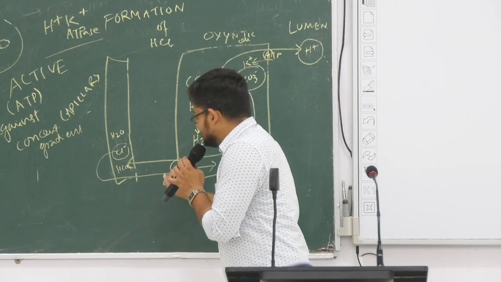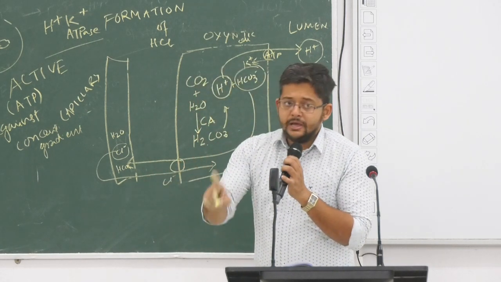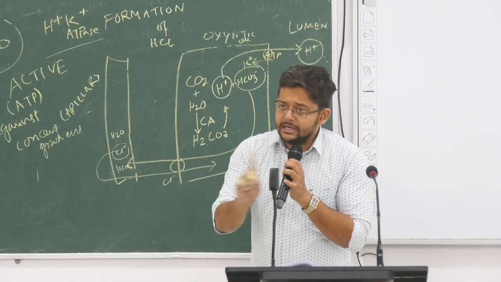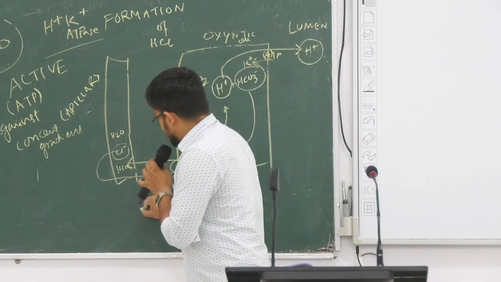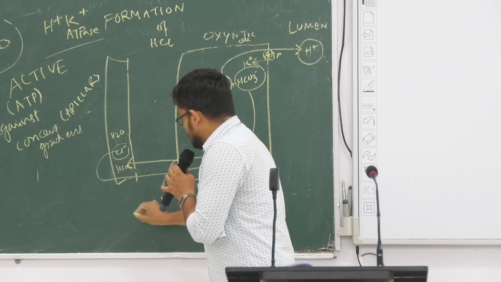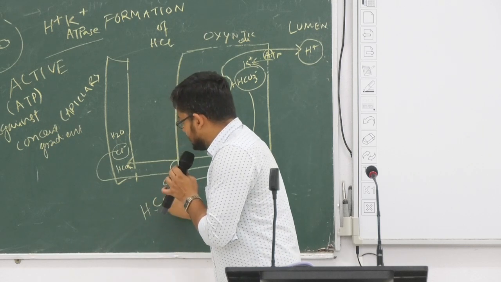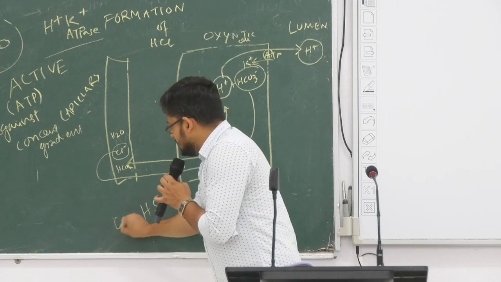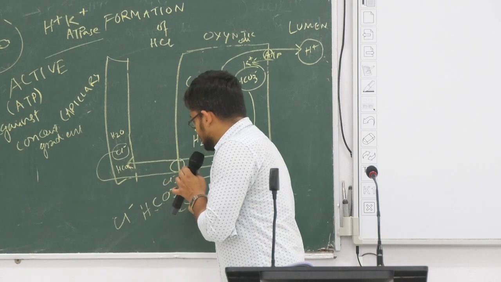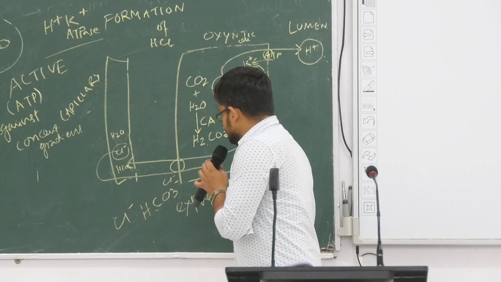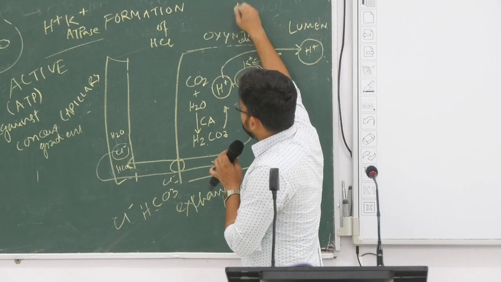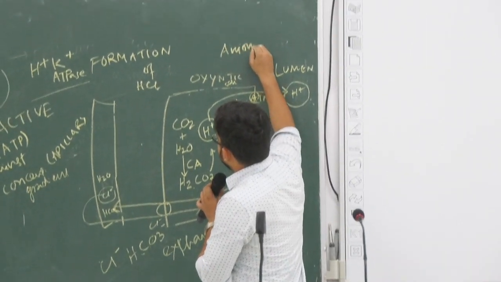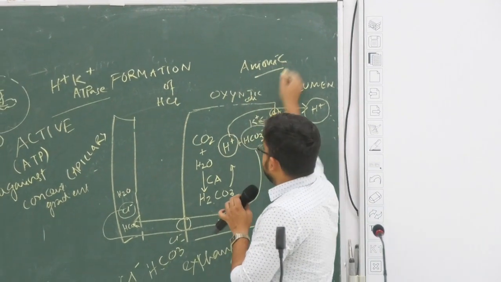This is passive transport, because here no energy is needed, and it is known as the chloride bicarbonate exchanger. This exchanger is a type of anionic exchanger where one anion goes out against another anion.